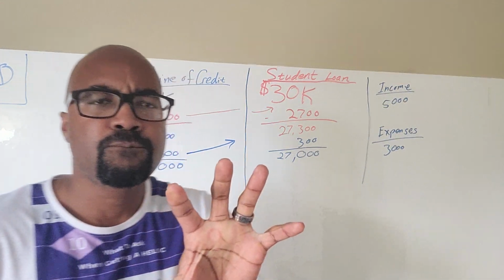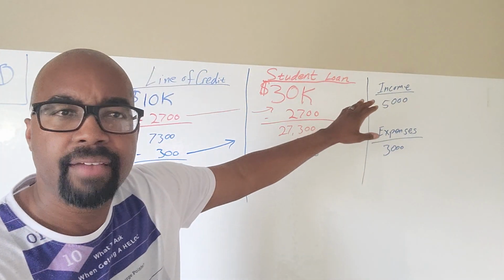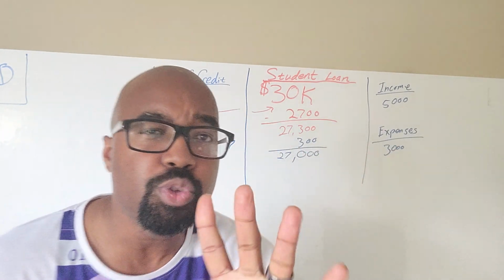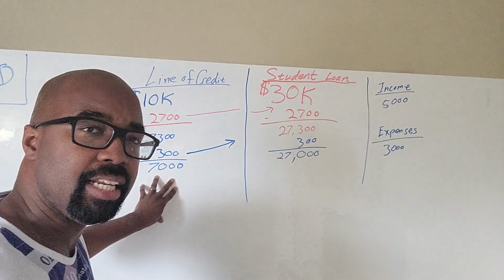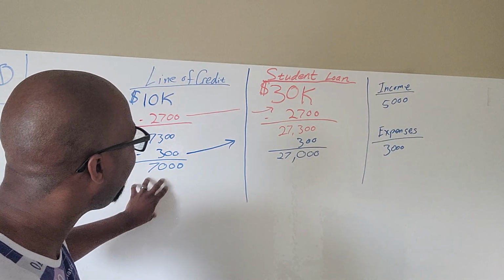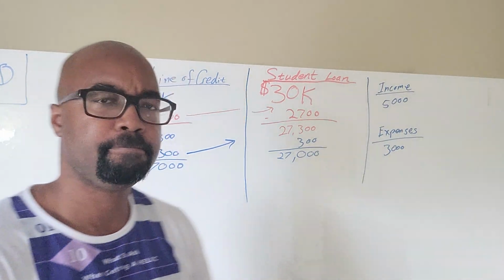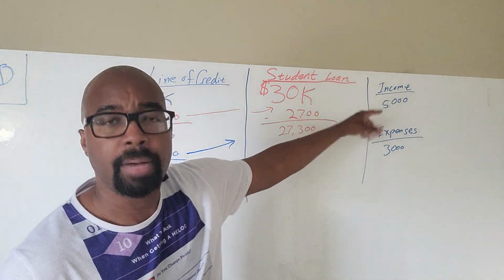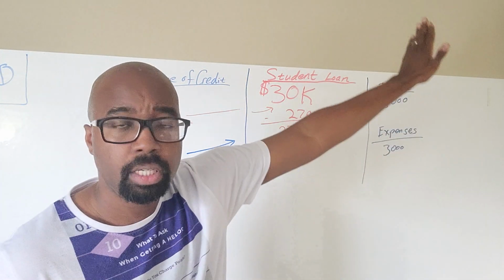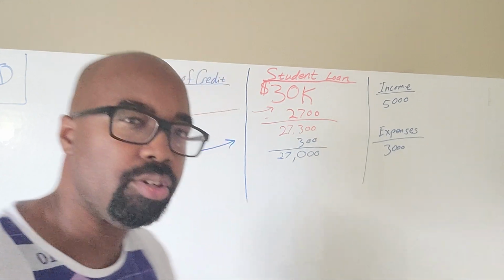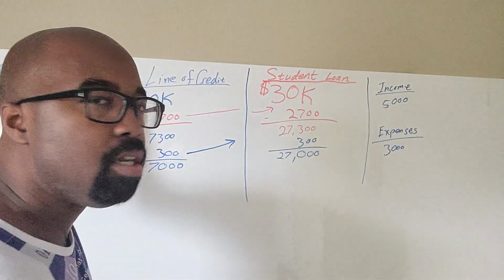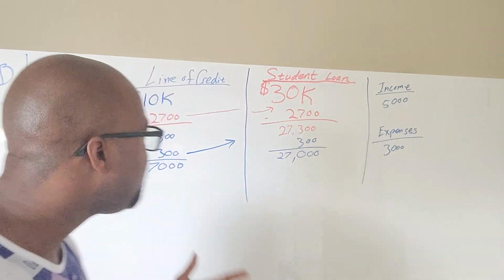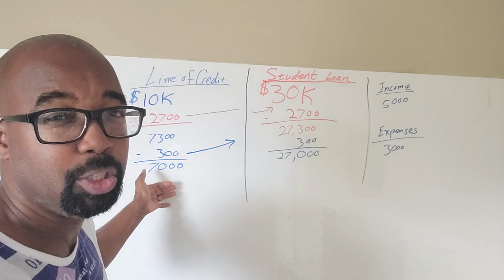Now, seeing that your income is $5,000 and your expenses are $3,000, and you are only using the line of credit, how fast do you think that you'll pay off this line of credit? Because you're keeping, right? Watch this. The income is $5,000. The outgo is $3,000. So $2,000 is left within your line of credit each and every month. And so this $2,000 is paying this off fairly quickly.